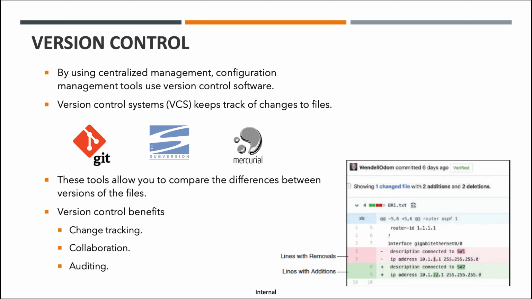Then we have the benefit of auditing. It records configuration changes done, by whom and when, which can be important for compliance and security purposes. So using centralized file management and version control together can help streamline the management of network configuration.